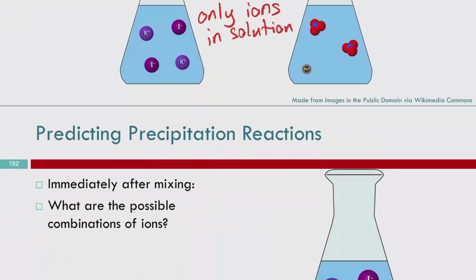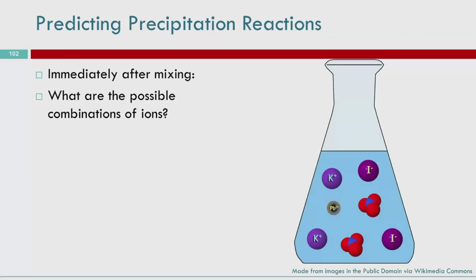After we mix them together, what possible combinations of ions can we have? There are 4 ways that we can combine our ions to form ionic compounds. What's one of the combinations? Somebody pick a positive ion and a negative ion. Our options are K+, Pb2+, I-, NO3-.